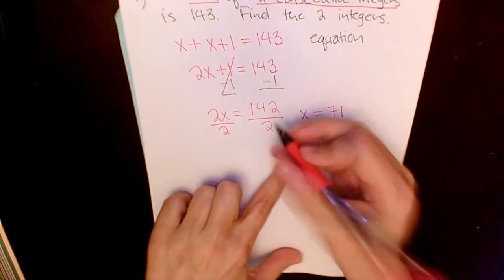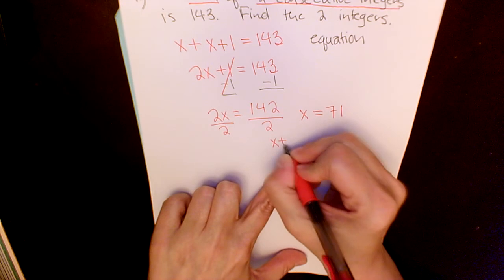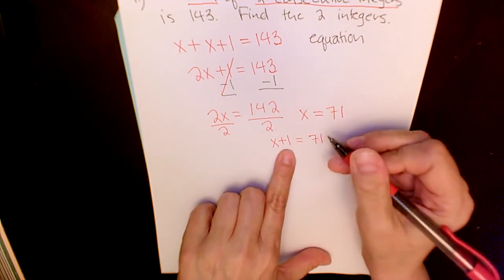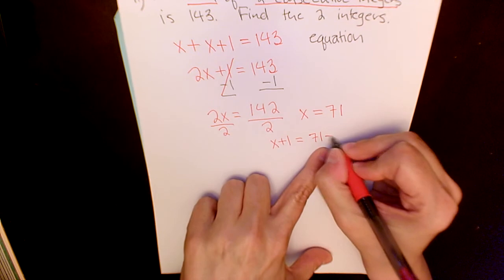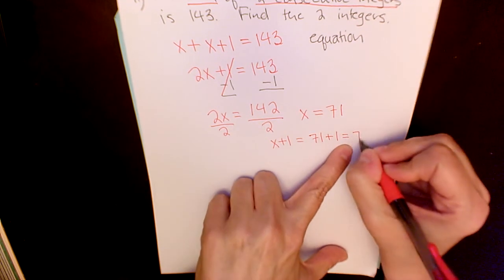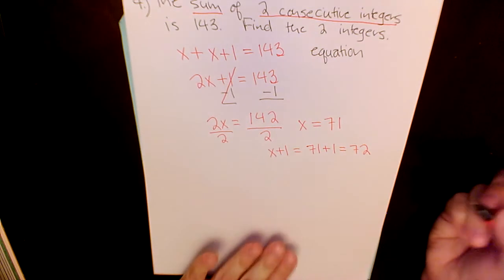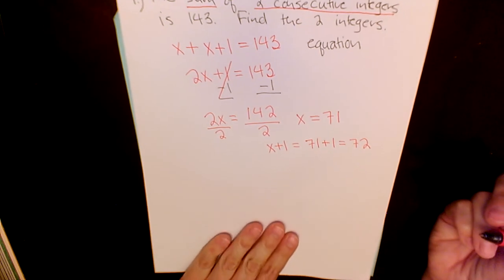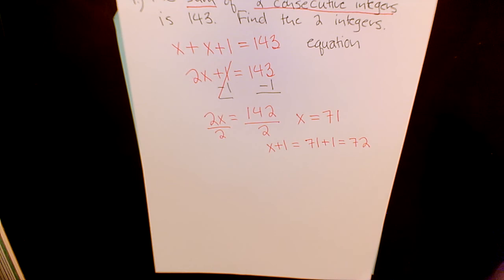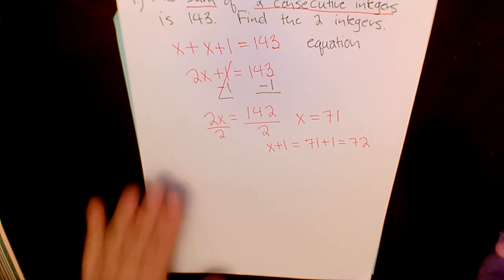And now I want to find out, well, what's the second integer? So I'm going to take 71 and plug it in for x. So 71 plus 1 is 72. Or you could just think, well, what's the next number up after 71? Well, it's 72.